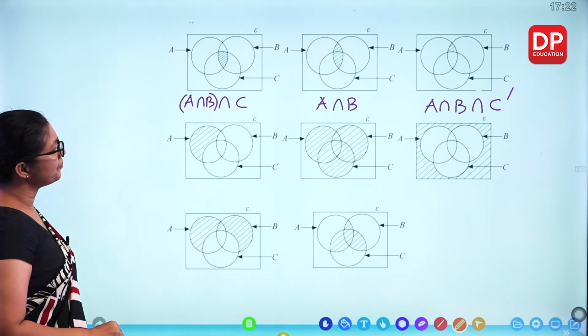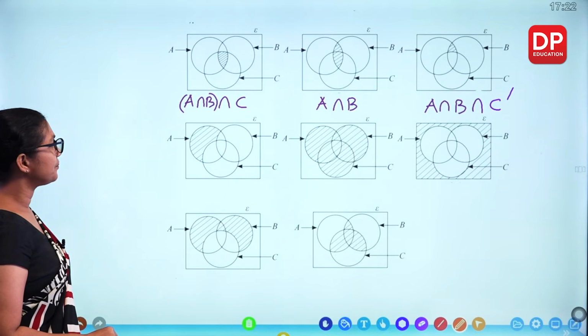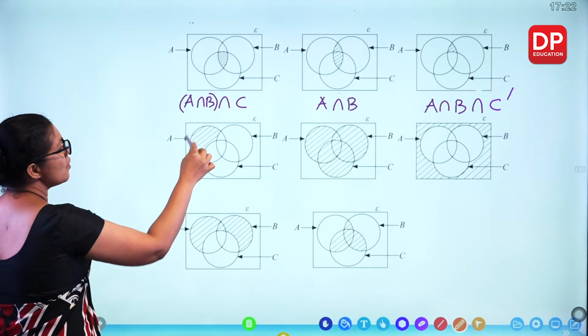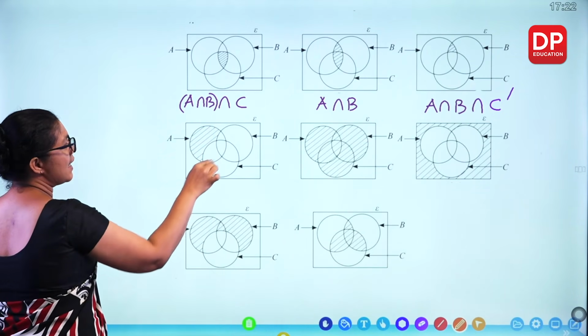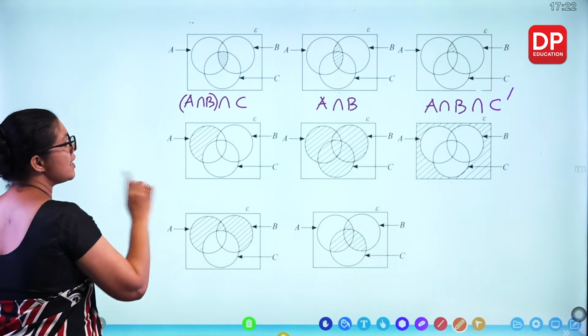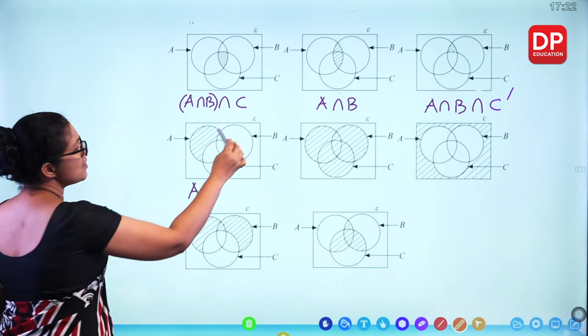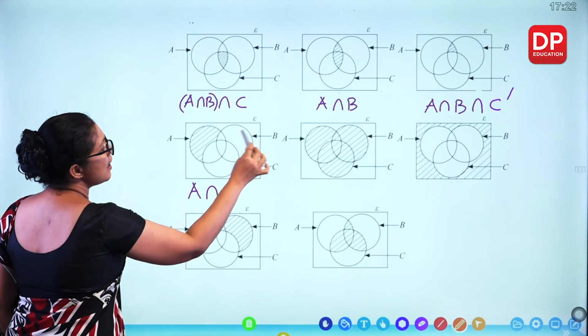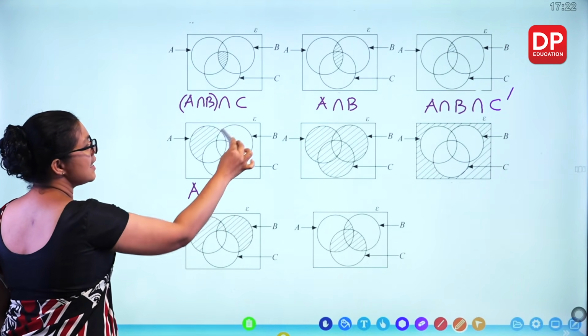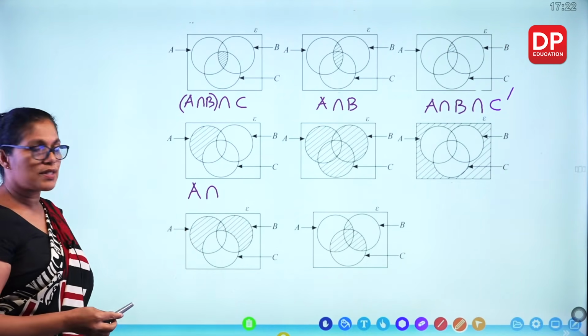This one, what can we write? So this belongs to A because this shaded part is in A. Intersects with. Can you see? If you take B union C, this is outside the two circles.